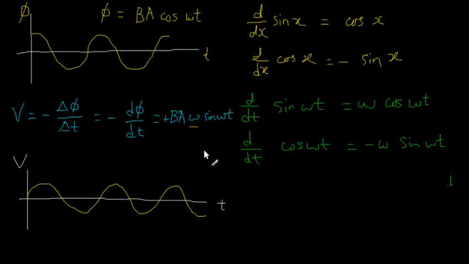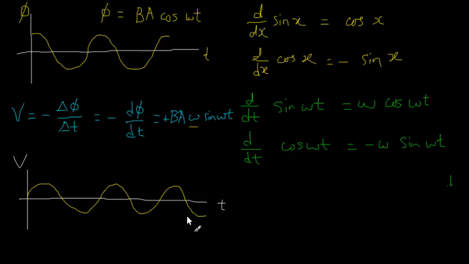I've talked about how a rotating coil in a magnetic field can induce a voltage, an alternating voltage that keeps changing direction. And in fact, this is how our electric power is usually generated in an electric power station.